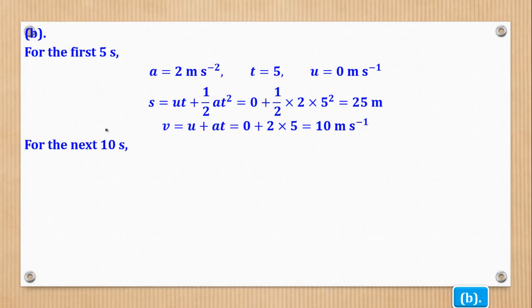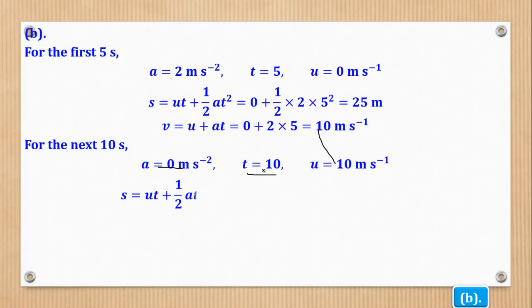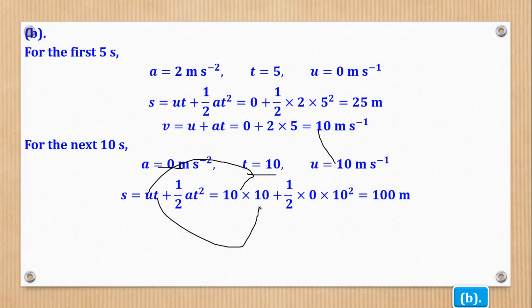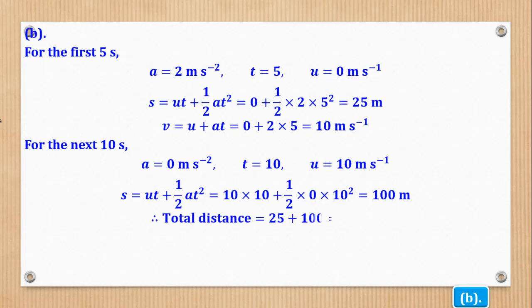Then for the next 10 seconds, initial velocity now becomes this. Acceleration is 0, time is 10. So using second equation, initial velocity, time, acceleration, time. So we'll come up with that as the distance. Therefore, total distance covered is got by adding the 2 to give you 125.